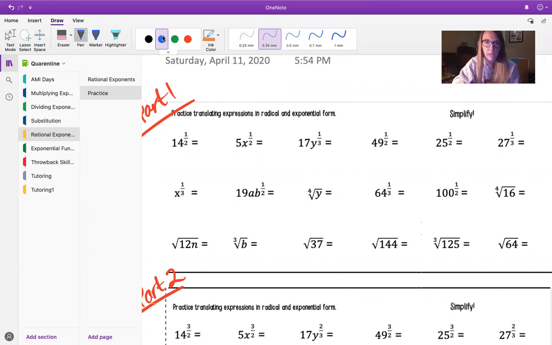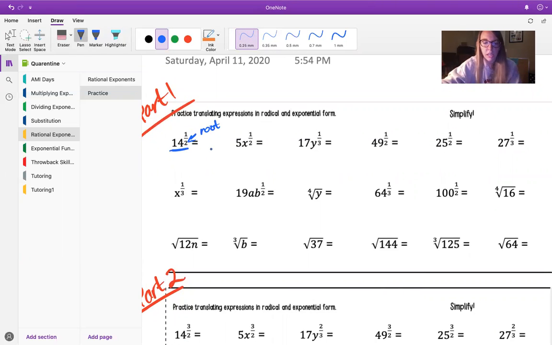Okay, here we go. So the very first one right here, let's read the instructions first. It says practice translating expressions in radical and exponential form. Okay, so the first one I have is 14 to the 1/2 power. So we learned in our notes that our denominator tells us the root.